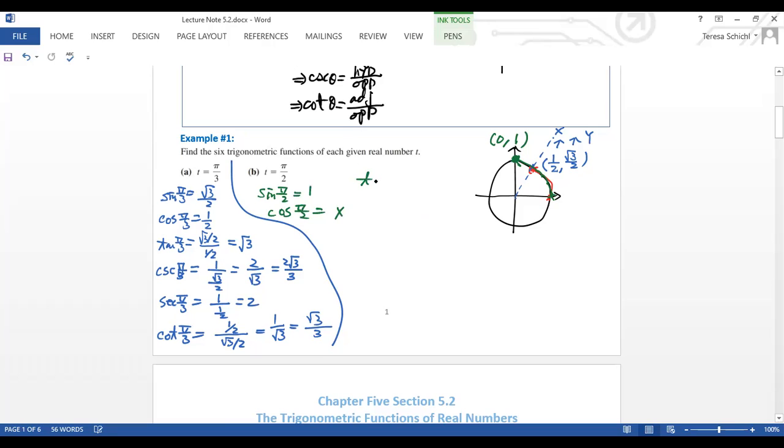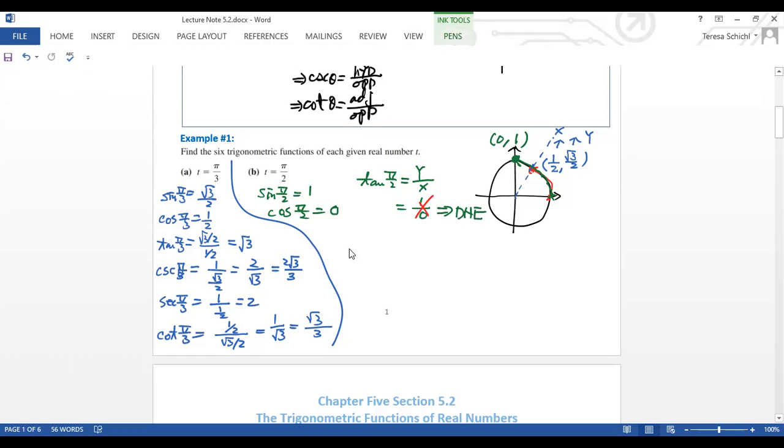Okay, so the tangent pi over 2 is equal to y over x. Y over x is 1 over 0, so it does not exist, right? I cannot define 1 over 0 here.